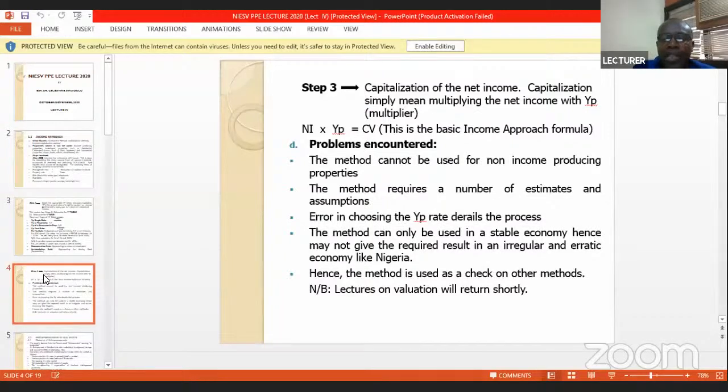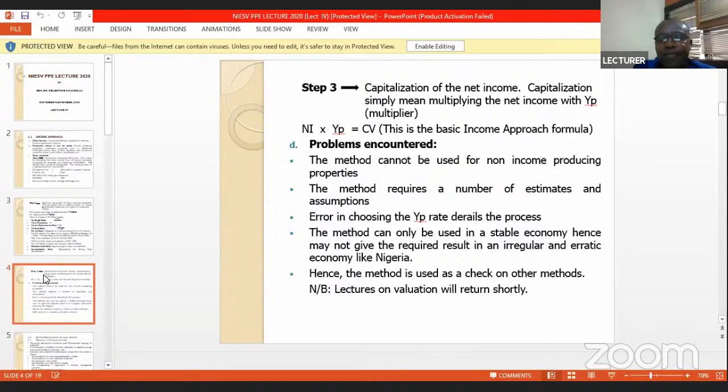Another problem is that the method requires a number of estimates and assumptions, especially in determining YP. You need to assume quite a number of things.